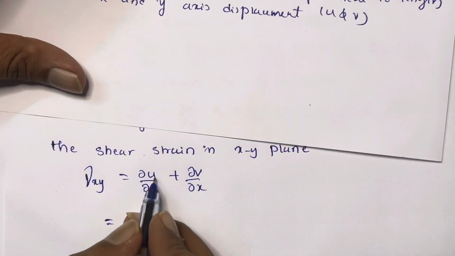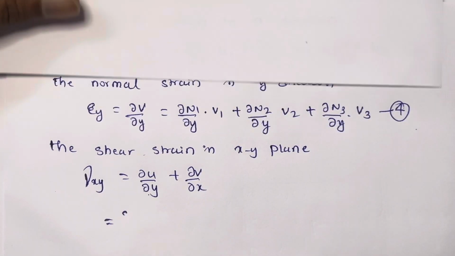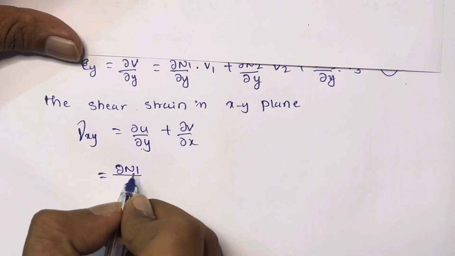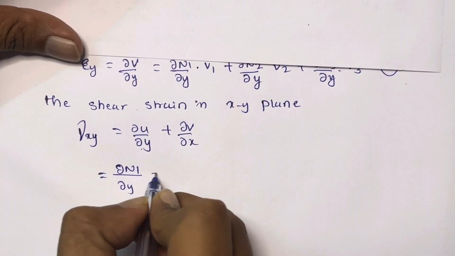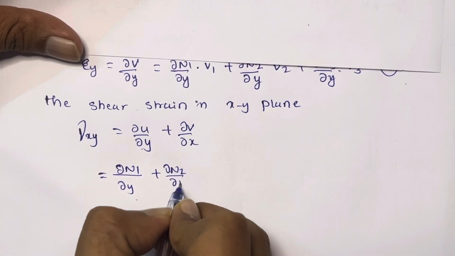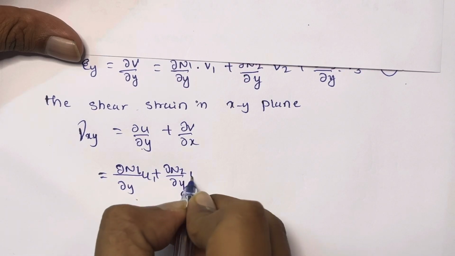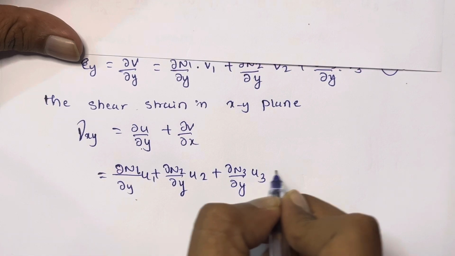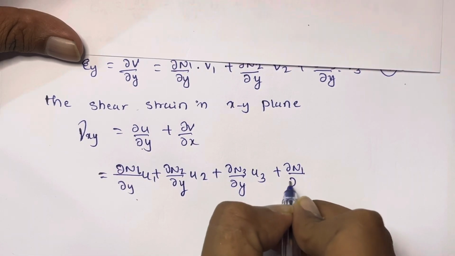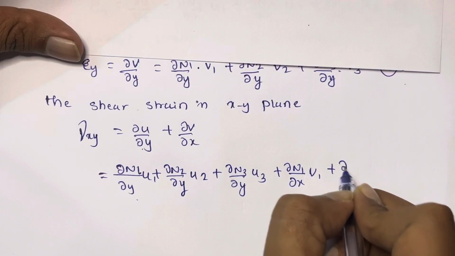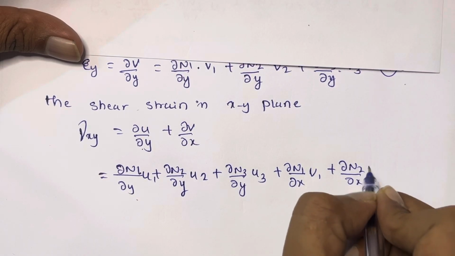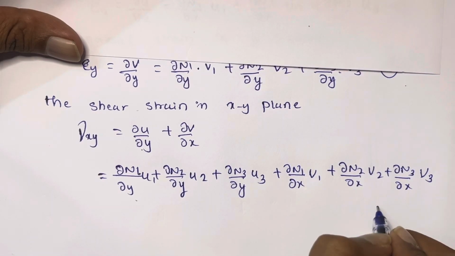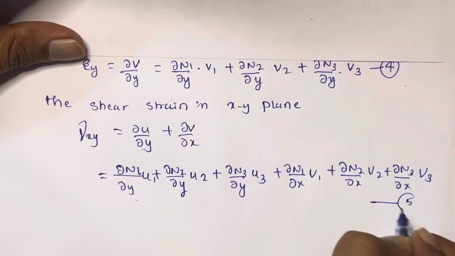First u with respect to y: dou n1 by dou y u1, dou n2 by dou y u2, dou n3 by dou y u3. Similarly dou n1 by dou x v1, dou n2 by dou x v2, dou n3 by dou x v3. This is equation number 5.